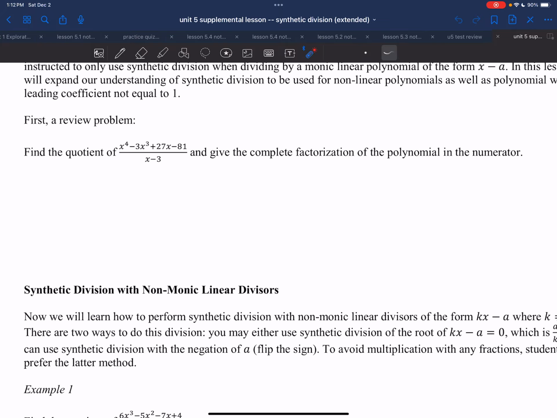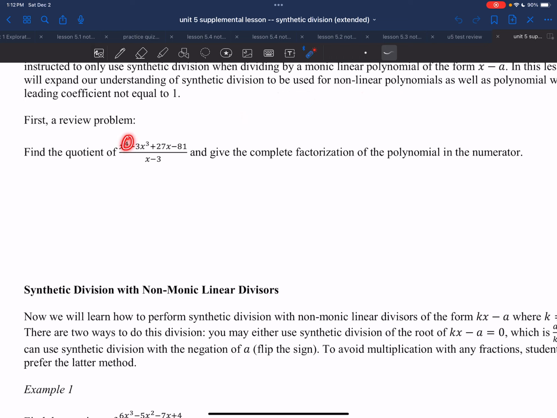So first, I'm going to do this review problem just as a recap, just so you can remember how synthetic division works, right? Well, the idea is I'm going to take the coefficients of my dividend polynomial, the numerator up here, the thing I'm dividing. And so I'll say, okay, let's look at the coefficients. Keep in mind, you must do it in decreasing degree order, right? Power of 4, then 3, then 2, then 1, then 0, right?